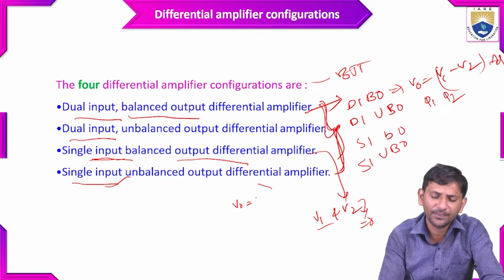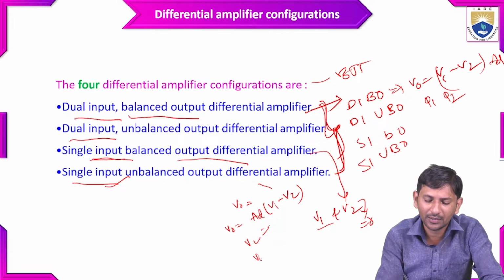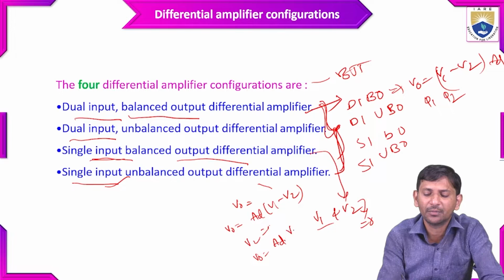So here V0 becomes equal to AD into V1 minus V2. If you consider V2 as 0 and give V1 as the single input, your output becomes AD into V1, because the other input is 0.